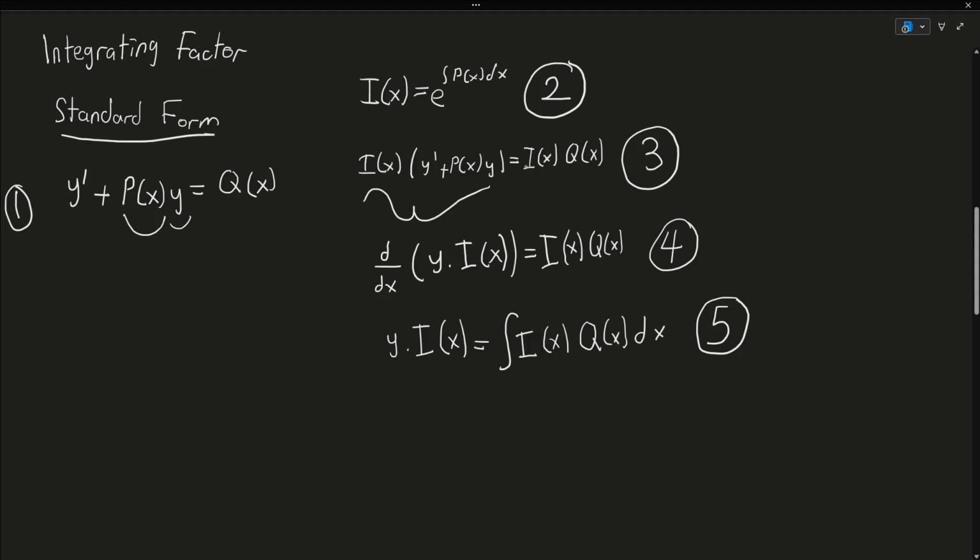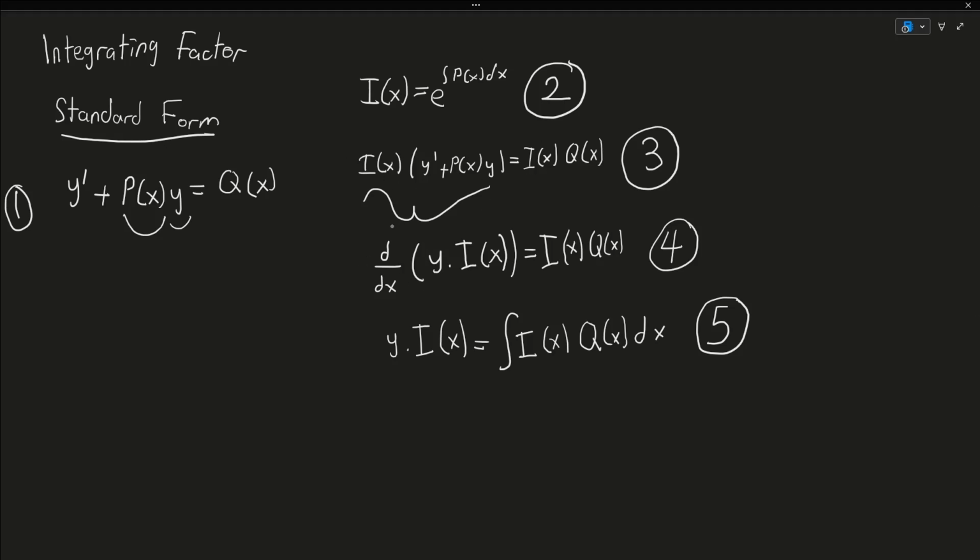We keep the balance in this equation and nothing changes, because we're multiplying the same thing on both sides. For example, imagine you have 2 equals 2, and you multiply both sides by 3, you get 3 times 2 equals 3 times 2, which means 6 equals 6, and that's true no matter what. So we keep the balance when we multiply both sides by I of x.